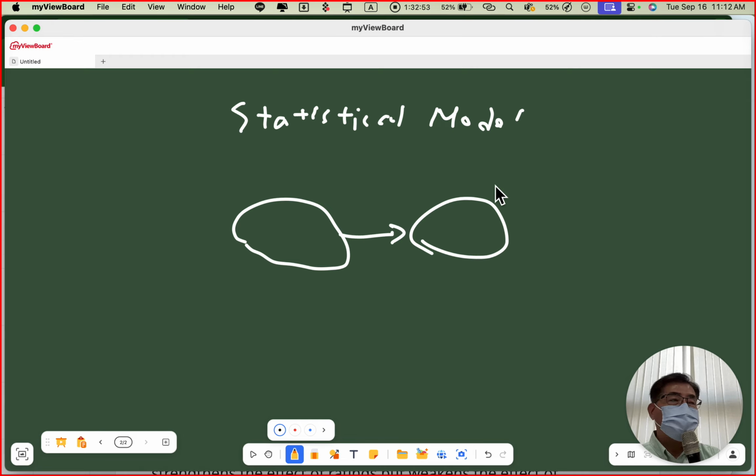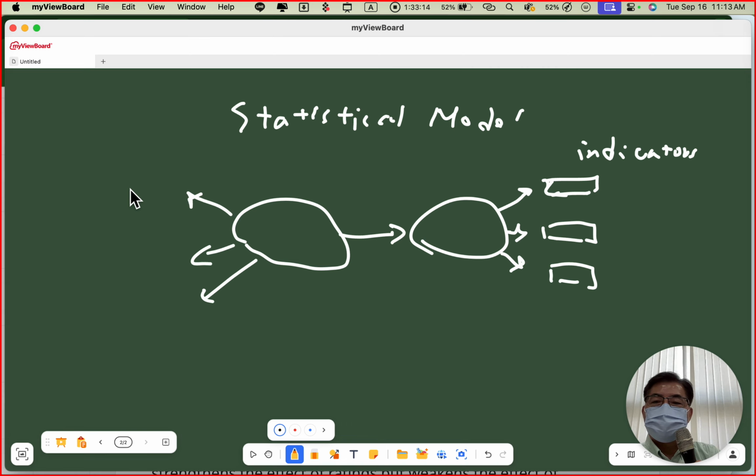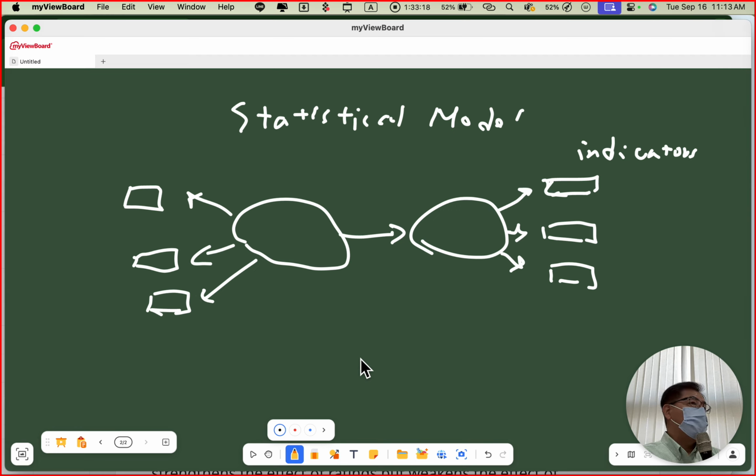When we talk about a model, we have to show not only the concept but also the indicators. Something like this one, something like this one. Okay. It's called a statistical model.